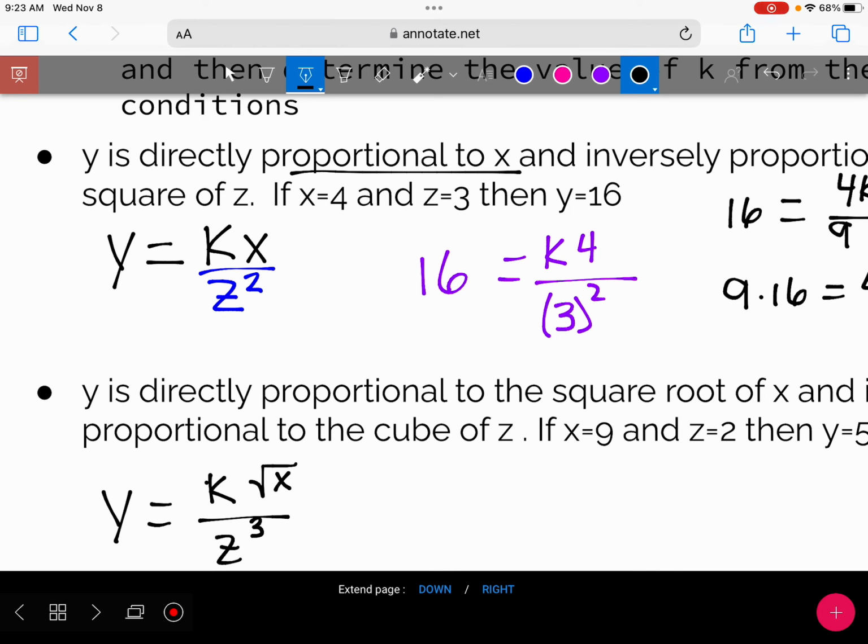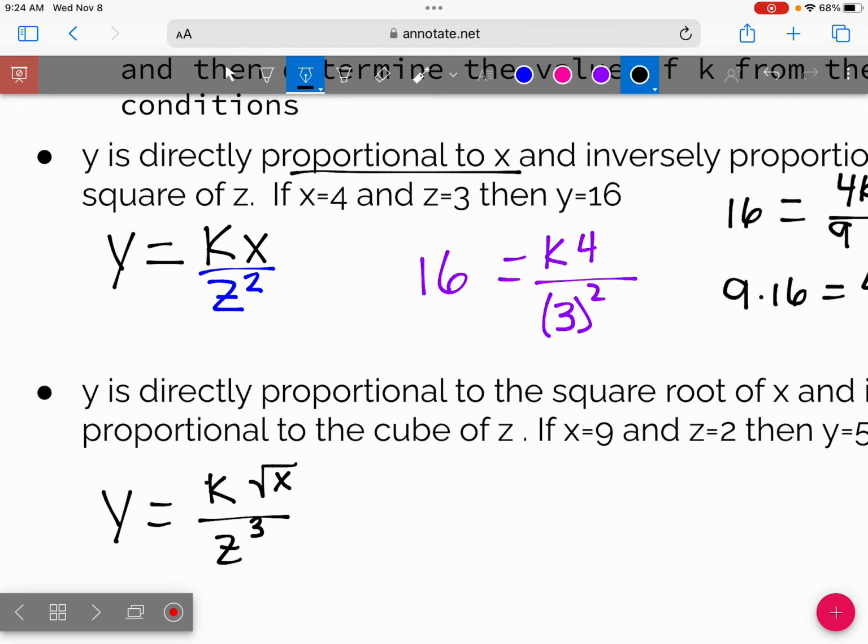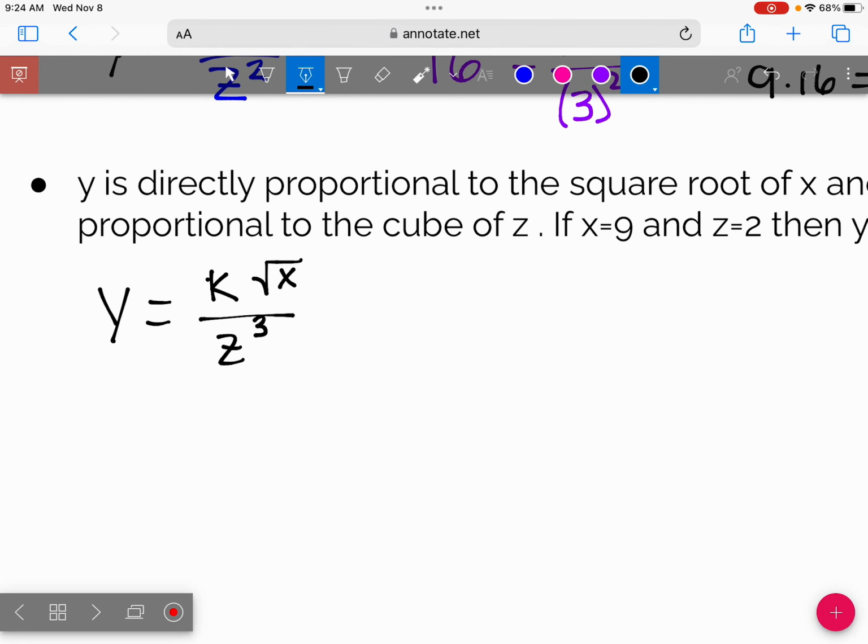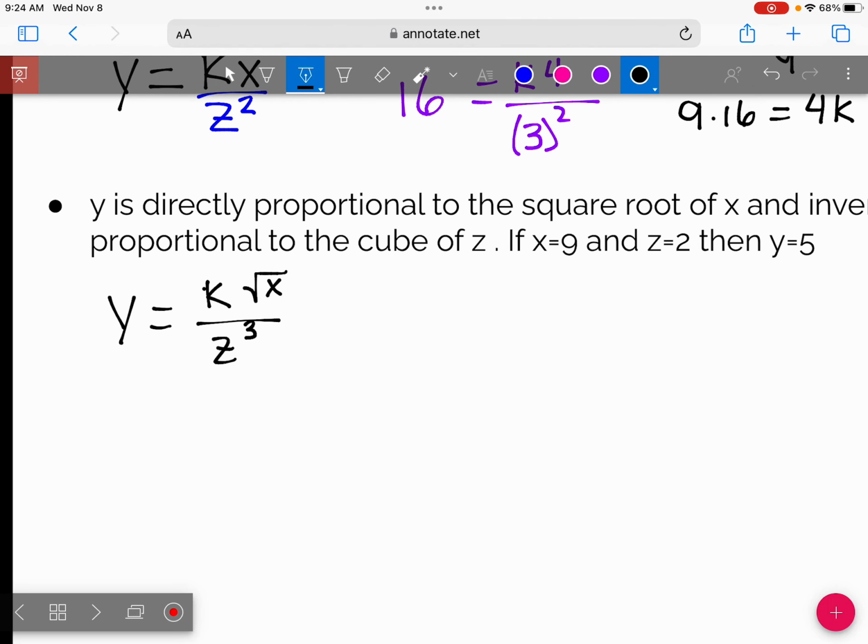So write your equations carefully. It's all about the words, and they like to play word games and make it overcomplicated.